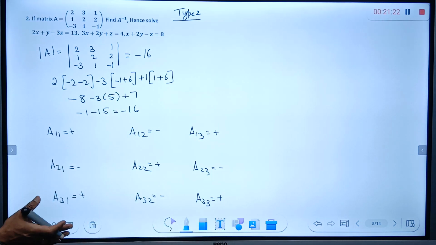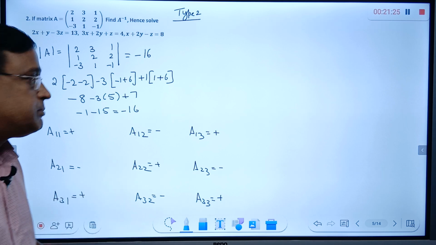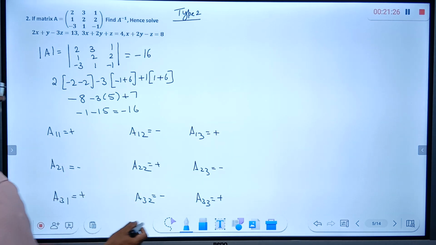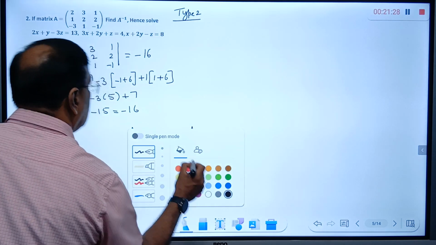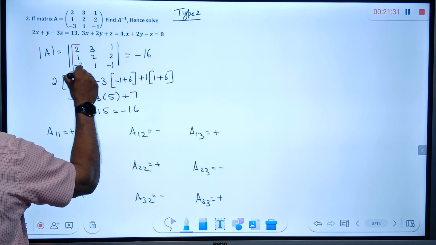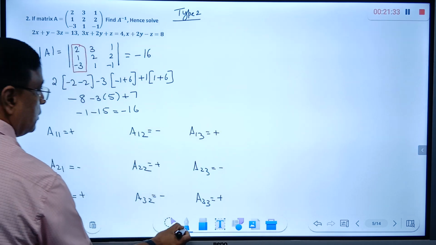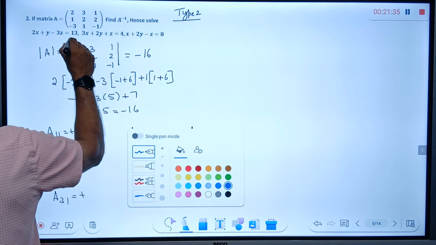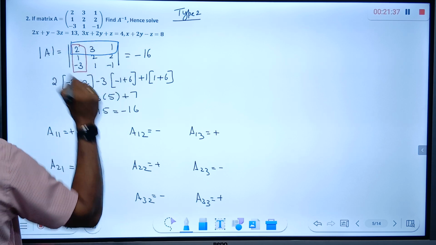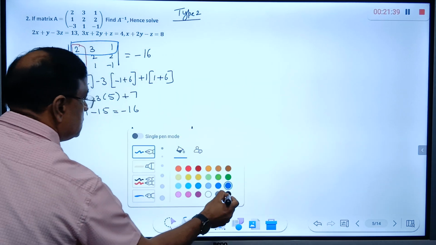I always write it like this so I don't miss out on the plus, minus, plus. Now you have to go one by one. You can take this one first and then the other one. You can do it quickly and see what you get.